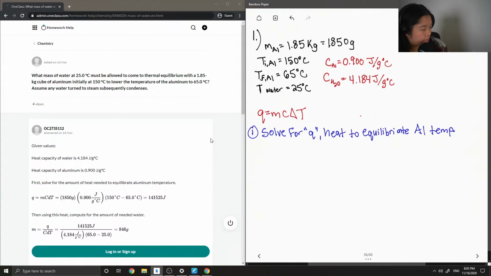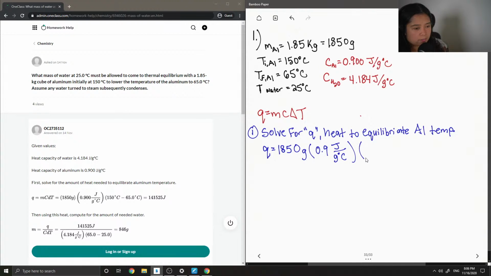Okay, so to solve for Q, I would just simply need to plug in all the values I had written out up there. So for mass, I converted it to grams, so it's 1,850 grams. The specific heat capacity of aluminum, we looked up and it was 0.9 joules over grams times degrees Celsius.